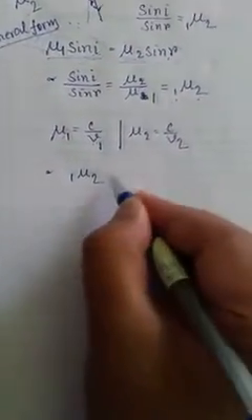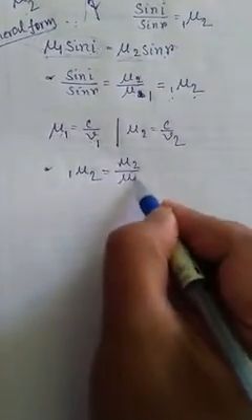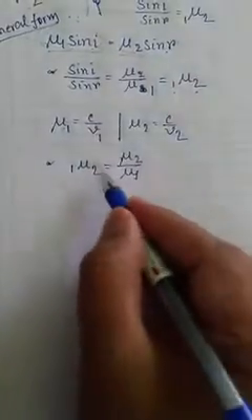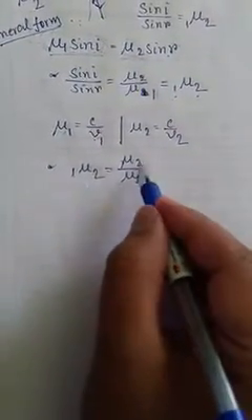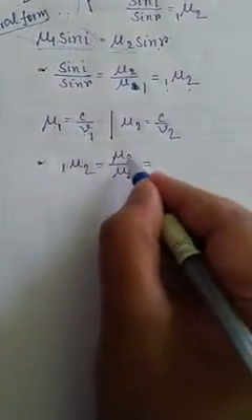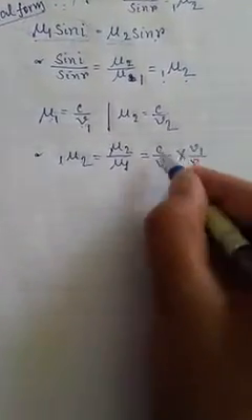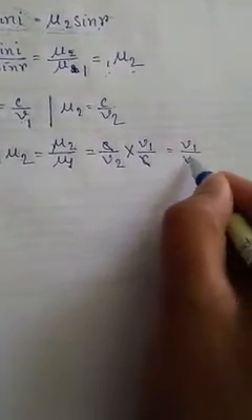So from here I can write 1mu2 equal to mu2 by mu1. Be careful, 1mu2, but here at first 2 and then 1. That is equal to, mu2 equal to c by v2 and mu1 equal to c by v1. So that is equal to v1 by v2. So 1mu2 equal to v1 by v2.